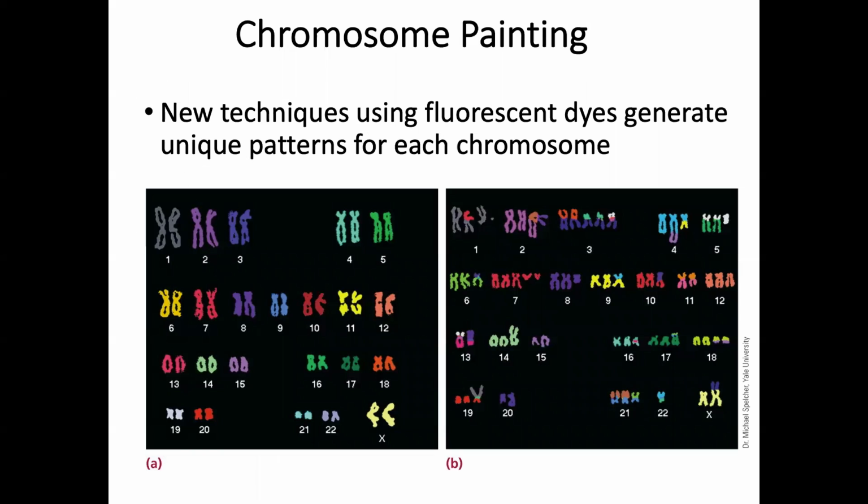Although G banding is a very useful tool to identify individual chromosomes, with the advancement of labeling technology, scientists developed more sensitive ways to stain the chromosomes for karyotyping. We call this chromosome painting.